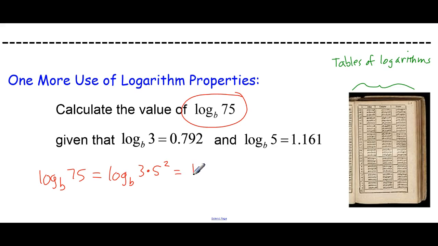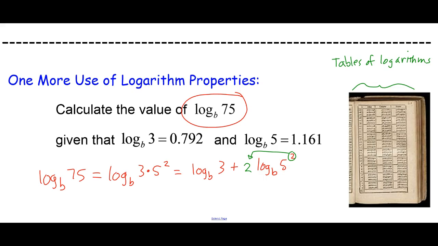The multiply breaks up as plus, the 5 to the 2, you could go ahead and write it like this, but in just a second you're going to take that 2 and put it out in front, aren't you? So if you're good at this, you could do both of those steps at once. You could say log base b of 3 plus 2 log base b of 5 all at once. You don't really have to take multiple steps there.